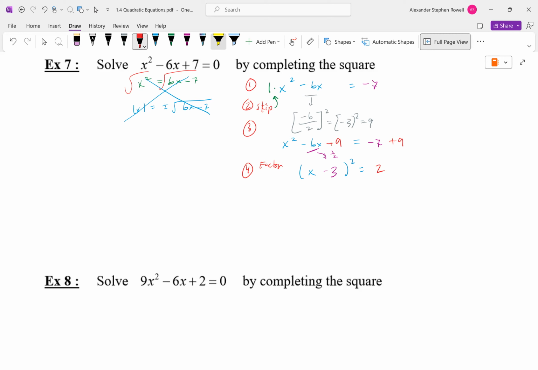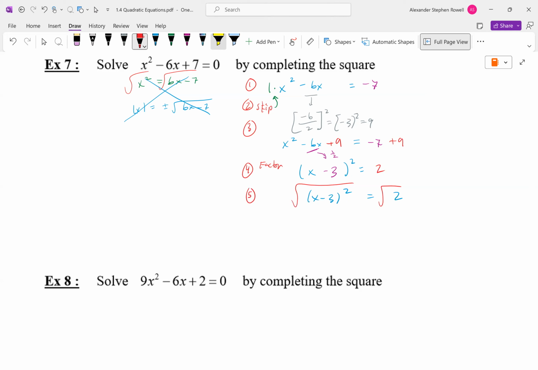Okay, after that, why did we factor? What was the whole point of factoring? So that we could take the square root to get x by itself. Remember, when there were multiple x's, we couldn't isolate it. But now we've created a scenario where there's one x that we can isolate by completing the square.